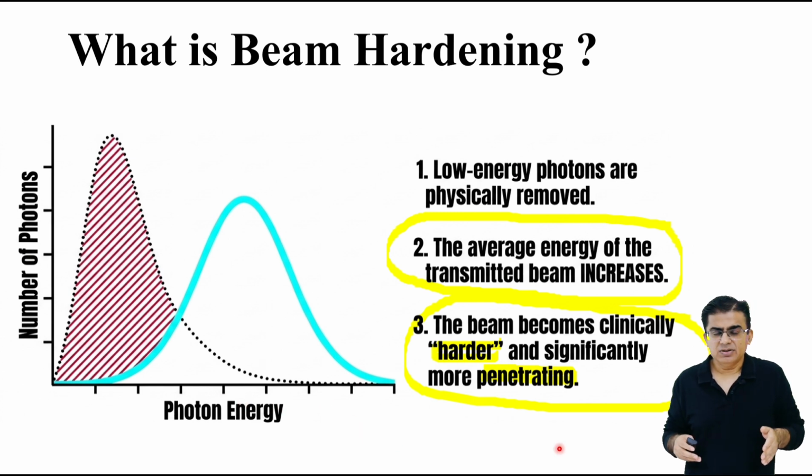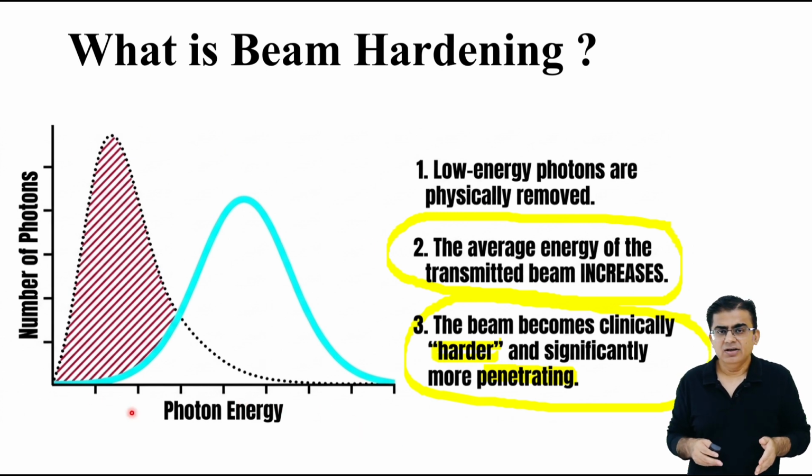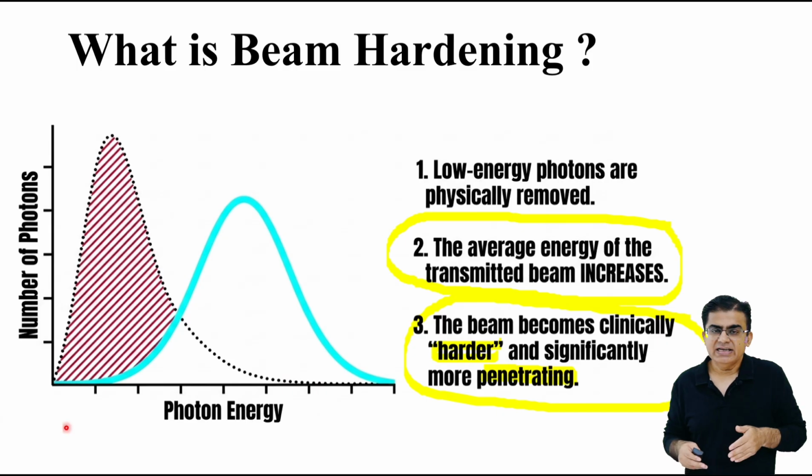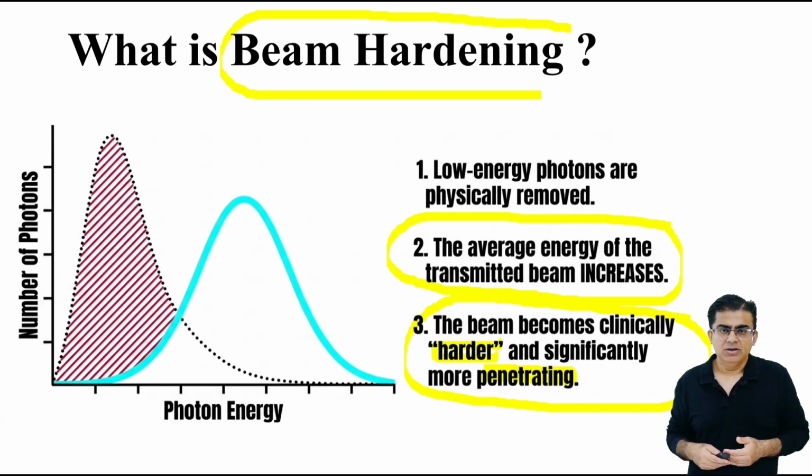This entire physical process of removing weak photons to increase the average beam energy is exactly what we call beam hardening. You must perfectly understand this simple graph because it directly dictates how the treatment beam will behave inside your patient.